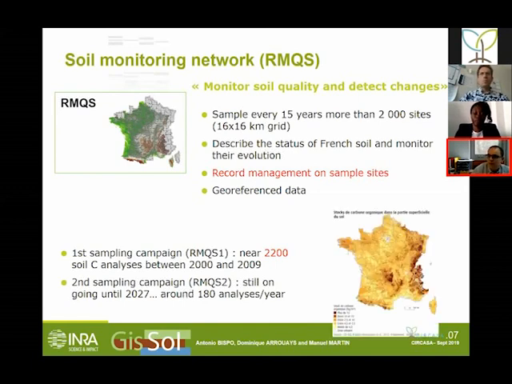And those data were used to define the national carbon stock for soils. So we provide that map, and those data, as was said at the beginning, were used for IPCC reporting, and they are now used as the reference for France.